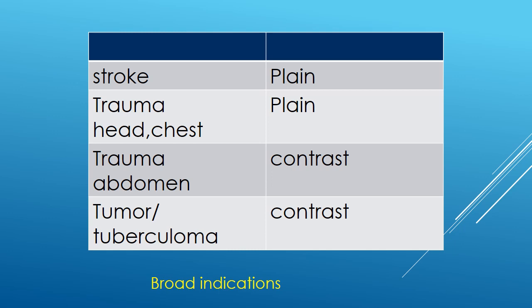So these are the broad indications known to everybody. If you have a stroke, or a trauma to the head and chest, do a plain-only study. If you have a trauma abdomen, try to use contrast. And for tumor or tuberculoma anywhere in the body, you have to do a contrast study.